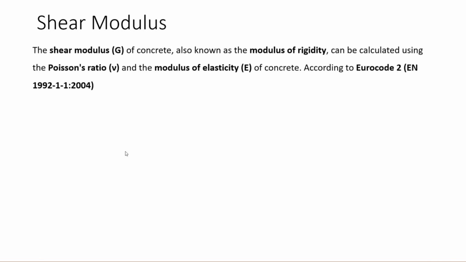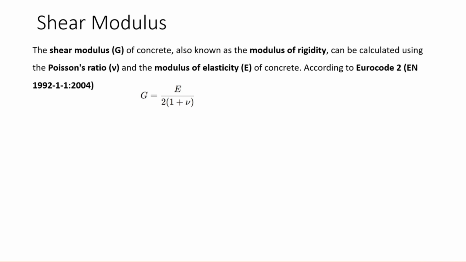Shear modulus. The shear modulus G of concrete, also known as the modulus of rigidity, can be calculated by using the Poisson's ratio and the modulus of elasticity. This is according to Eurocode 2.